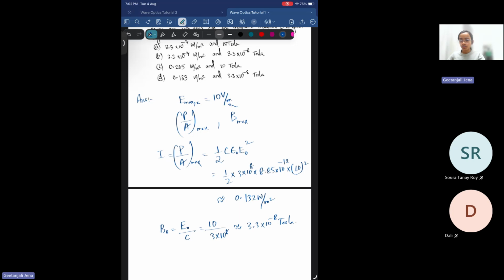So don't get confused between average Poynting vector and the intensity. Intensity is the average of Poynting vector, not the other way around. So this is not the average intensity. This is the total intensity, which we got after taking the average of Poynting vector. I hope it is clear.